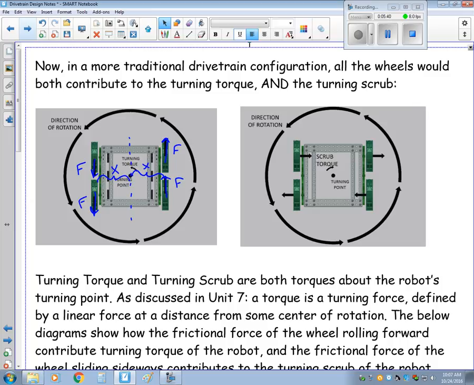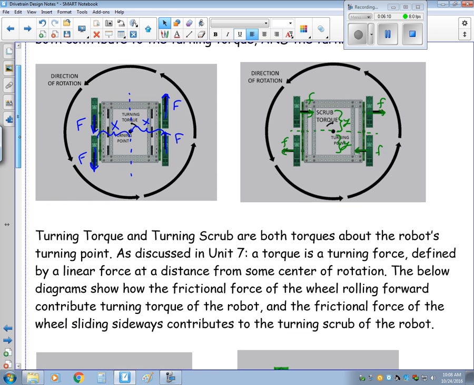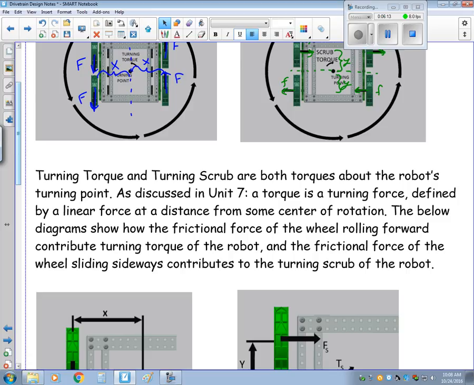As these wheels turn, however, they are dragging against the ground. So we have this scrub, or this friction, between these wheels. We'd also have our distance y's between them. So if we knew all the numbers, we could go through and calculate all these. Now, turning torque and turning scrub are both torques about the robot's turning point.